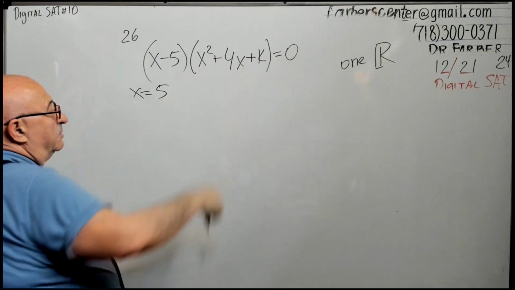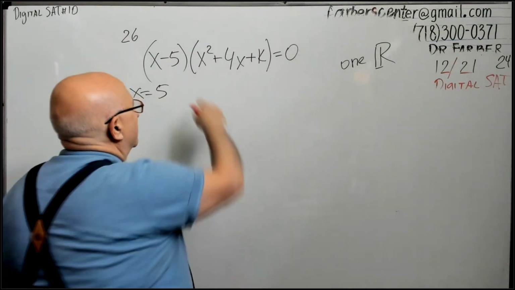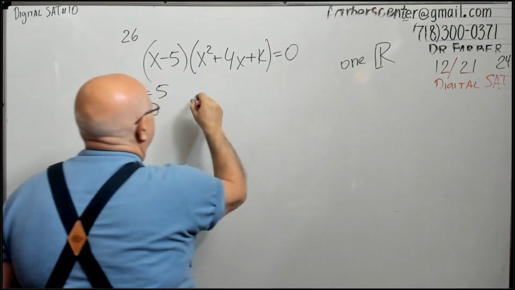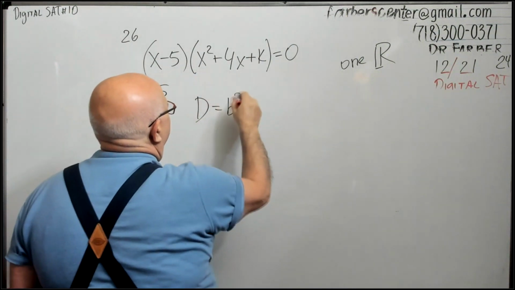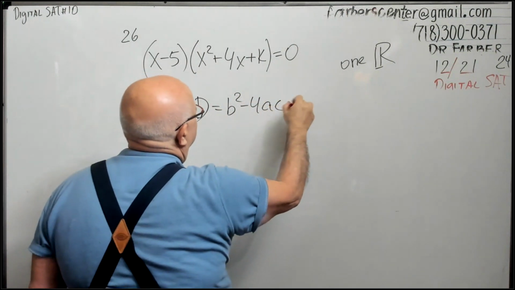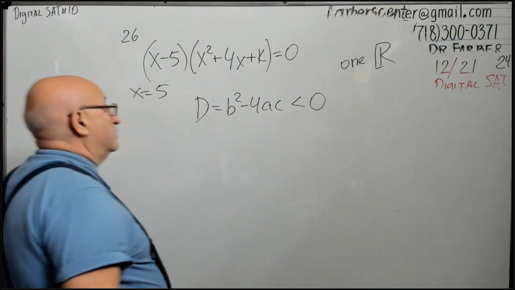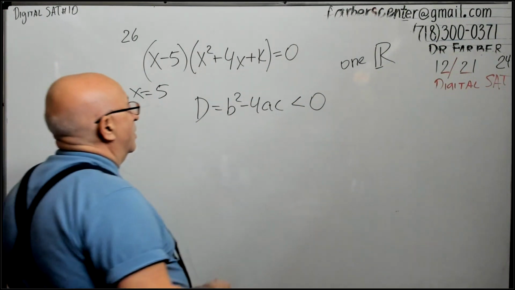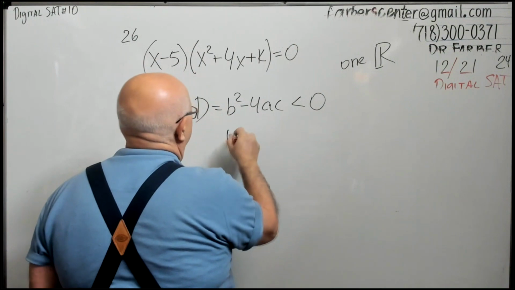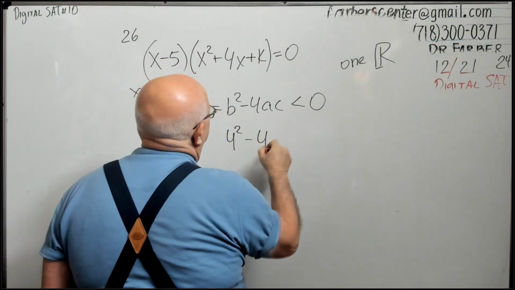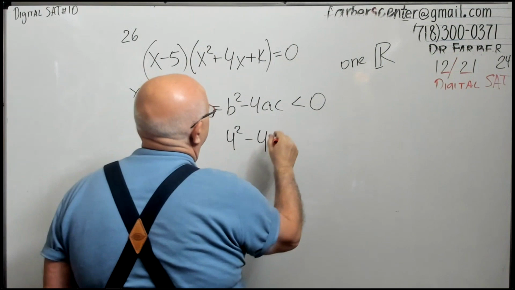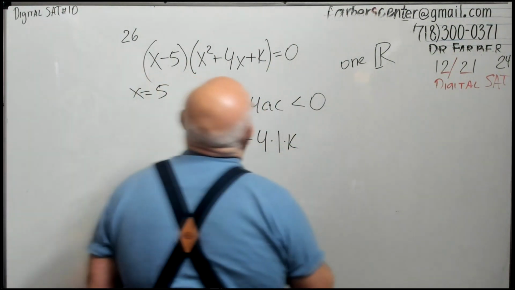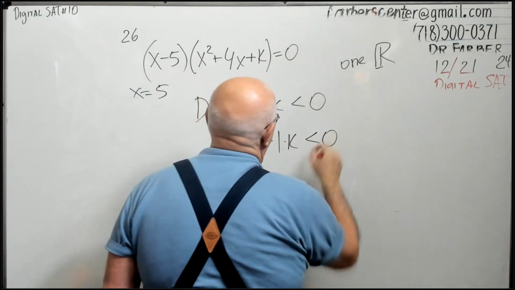In order to satisfy these conditions, the quadratic is supposed to have no real solution. The discriminant b squared minus 4ac must be less than 0, because if it's not less than 0, we do not have exactly one real solution. Here b squared is 4 to the second, minus 4, a is 1, c is k, and this is supposed to be less than 0.